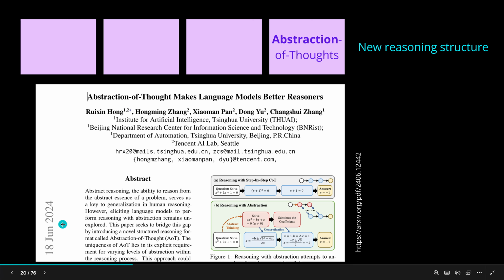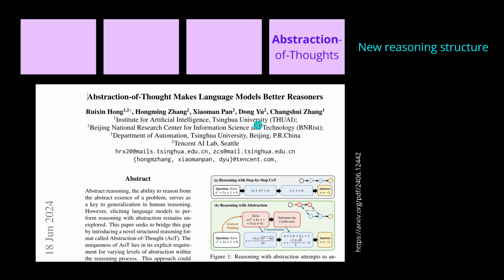From June 18, 2024, you have the researchers from Tsinghua University in China, and they show us in their research paper that reasoning with abstraction is better. Now, the idea is simple. Instead of going through a concrete example, you have kind of an abstraction layer where you say, what is exactly my task, my query given?